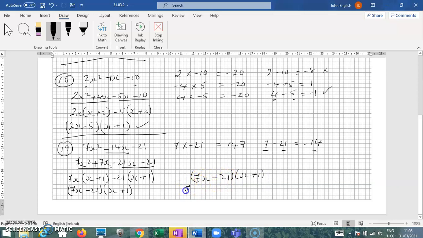So 7 into 7x will give me x. 7 into minus 21, I'm dividing a positive into a negative, so it's going to be a negative. I'm going to get a minus 3. And then just put on the x plus 1 at the end. Okay, so that's just factorizing a little bit more. Haven't done that in class with Len. As you say, if I get as far as this line here, I'll be happy. I can always explain this maybe in the next lesson.